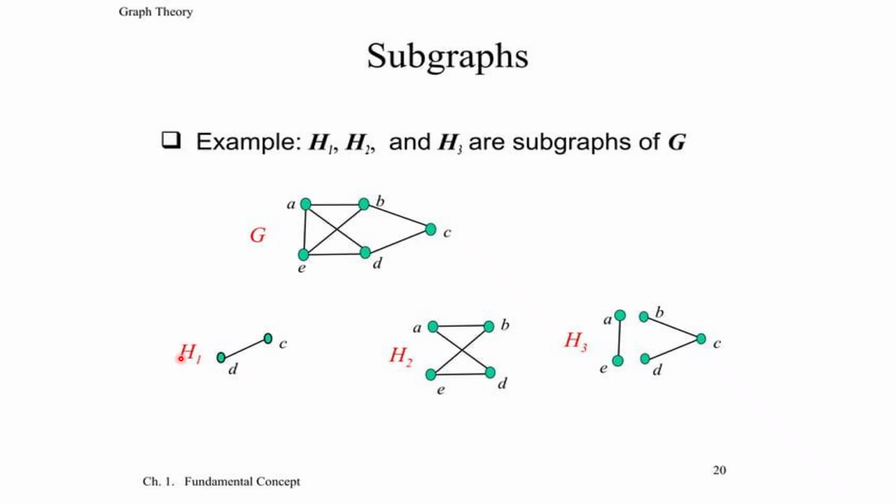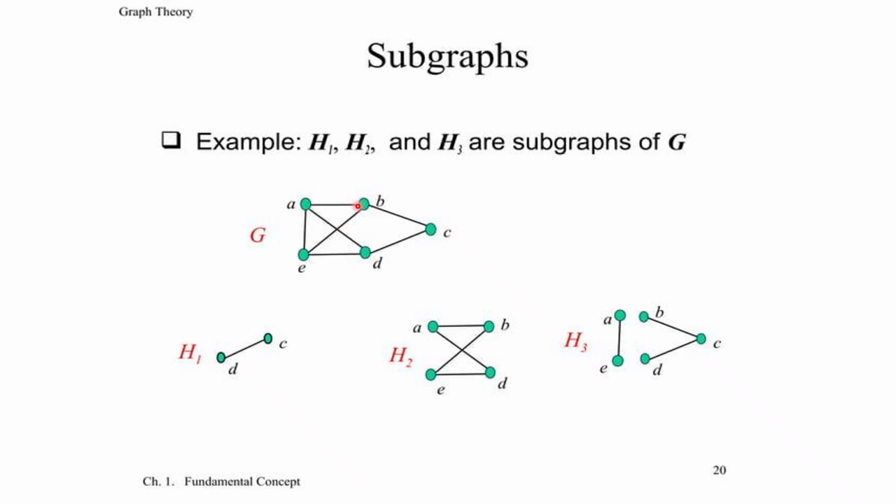So consider the subgraph H1: C and D, which contains 2 vertices and 1 edge. Next one, subgraph H2.